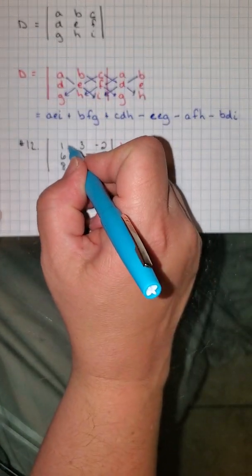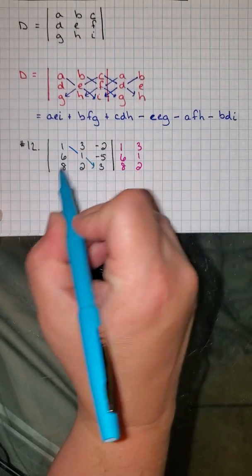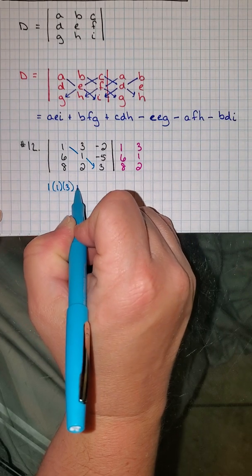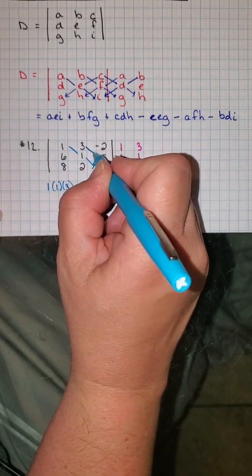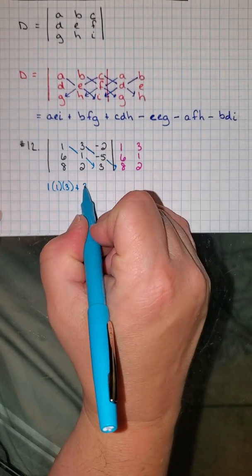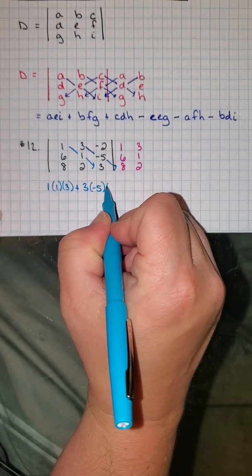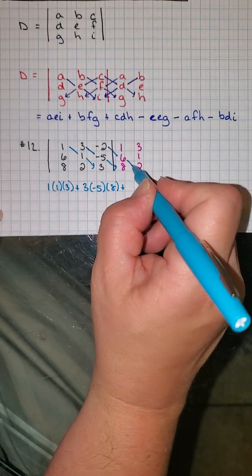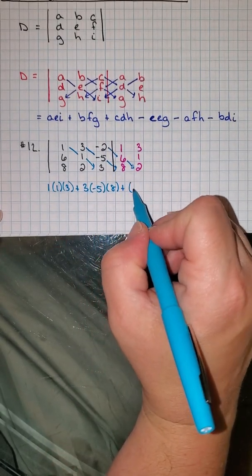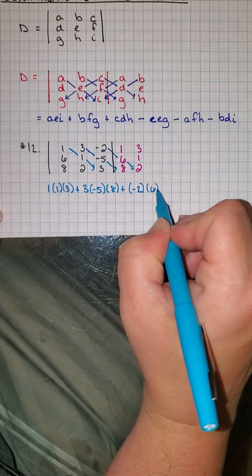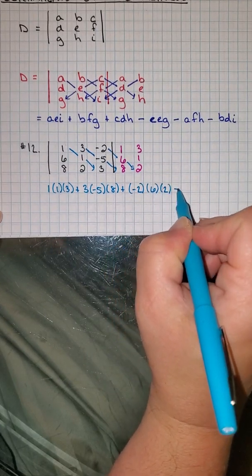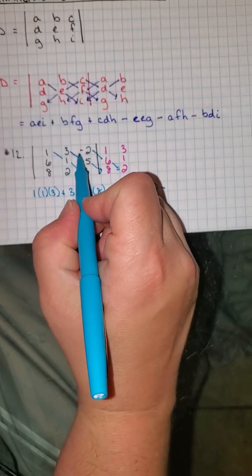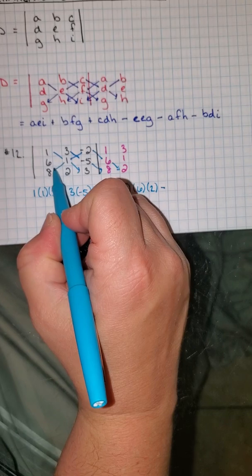Then to evaluate this matrix, we're going to do the multiplication on the diagonals, just like we did in the one right above it. Start with 1 times 1 times 3. Plus, then we have 3, -5, and 8. Plus, then -2, 6, and 2. Now we go minus for the diagonals going the other way. The first one is a -2, a 1, and an 8.